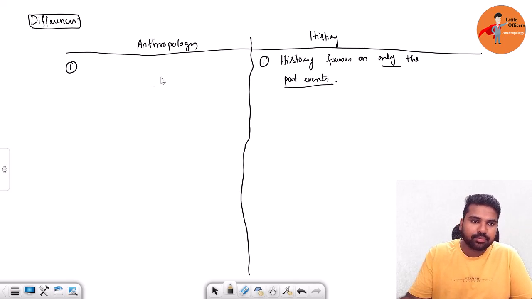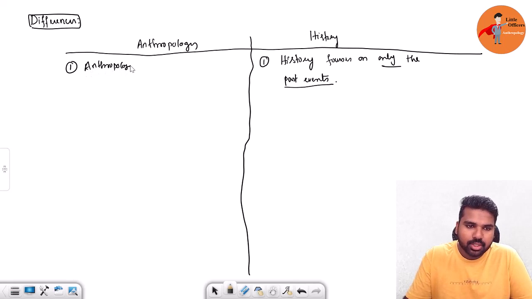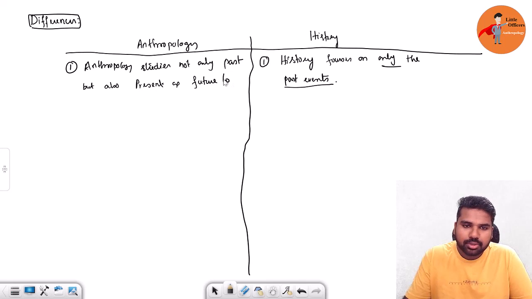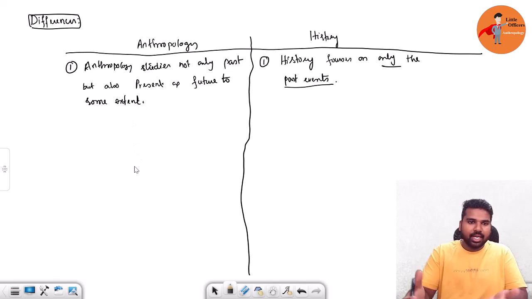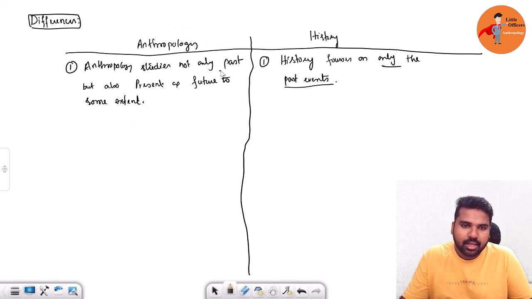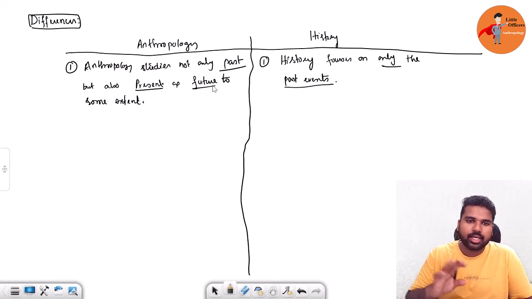So please write: anthropology studies not only the past but also the present and future to some extent. This is the first difference. We had seen it on the time period. So underline past, present and future, all three.